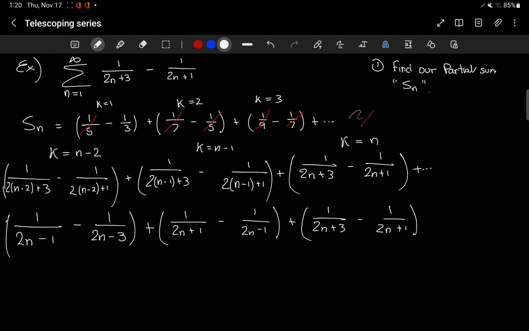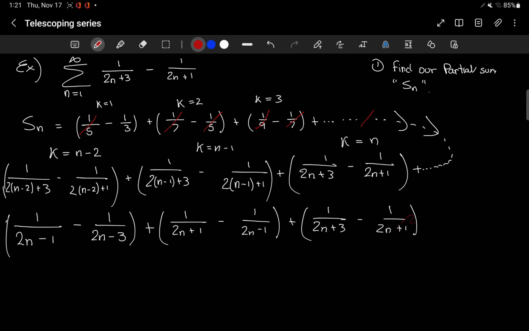And if we continue, like I said, we're going backwards. Technically it would be down here because we just simplified. Let's take a look at the pattern that we have here.